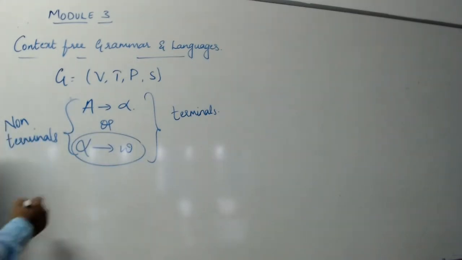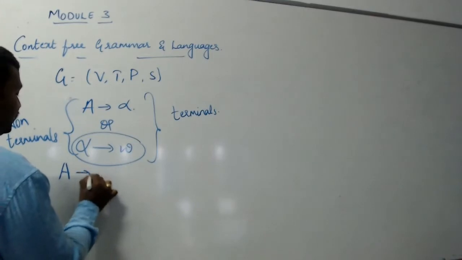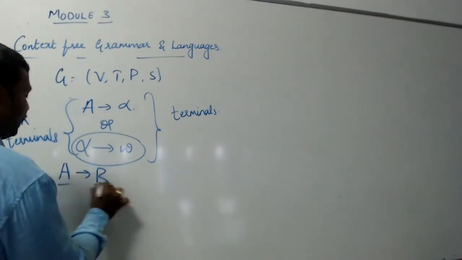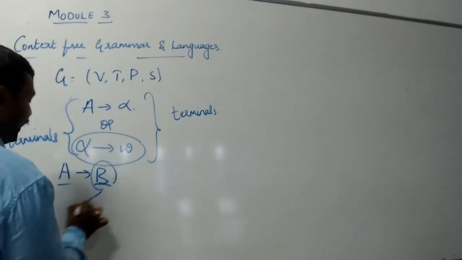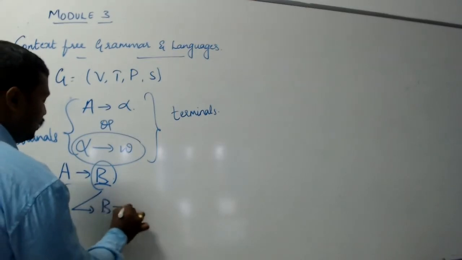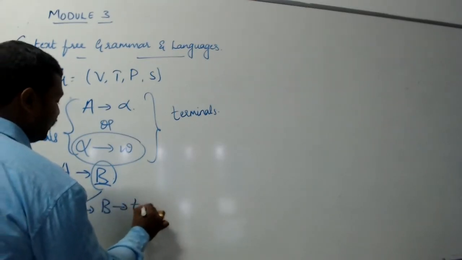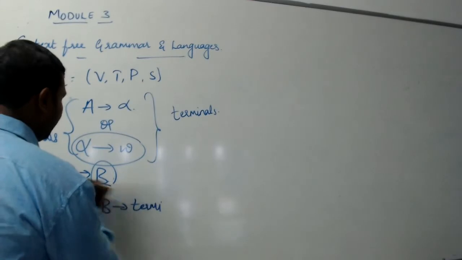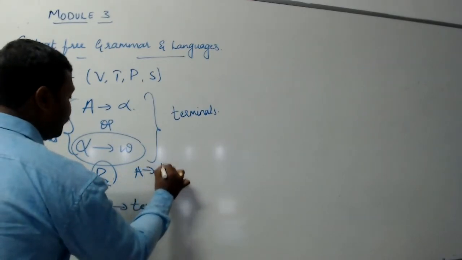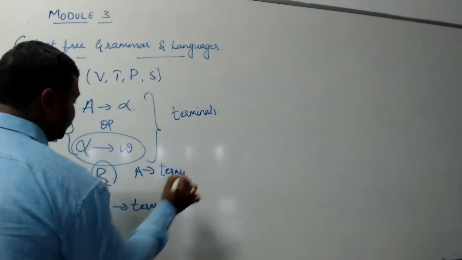And in this grammar, you can also have A tends to B, where both are non-terminals, but this should be derived back to B tends to some terminal, so that even A tends to terminal. It happens like this.